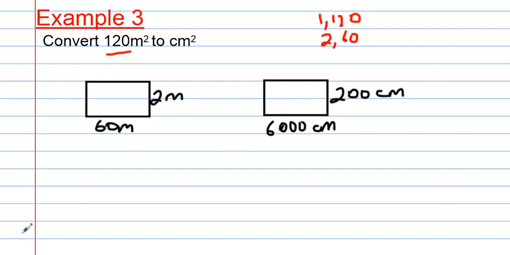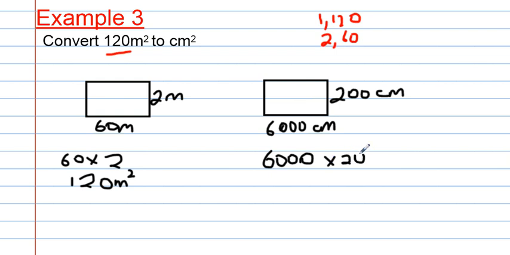Now we calculate the area. So 60 times 2, and that'll be 120 meters squared. That's what we want to convert. Now a quicker way of doing it is to do 6 times 2 is 12. For those of you who are making notes, it's important to show your steps of working.